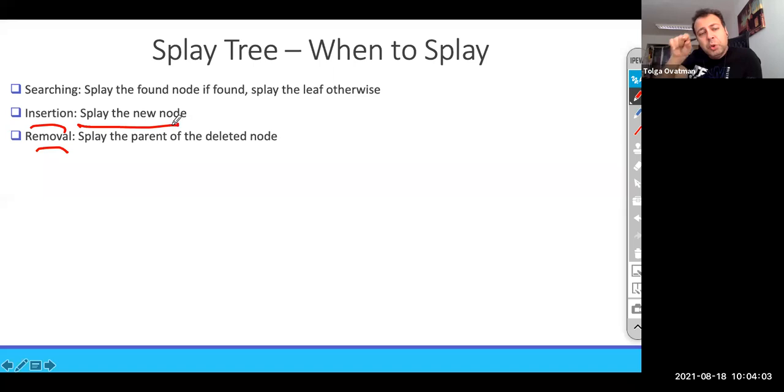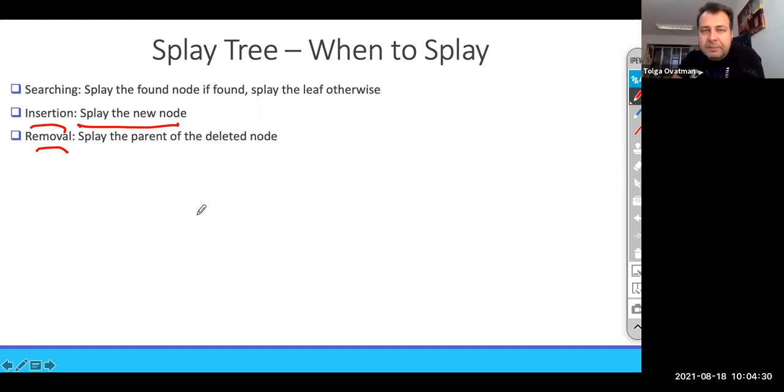So you look for splaying opportunities in the new node. You do not just run around in the tree looking for splaying opportunities. Whenever you make the insertion, you look at the inserted node, look for splaying patterns, and apply a splaying operation if possible. For removals, you do splaying over the parent of the deleted node.